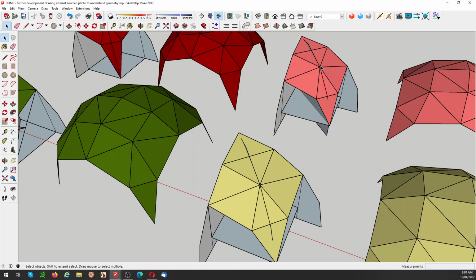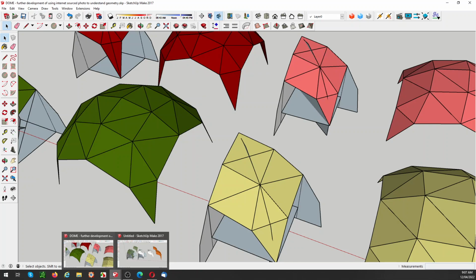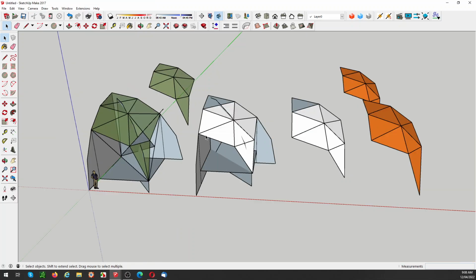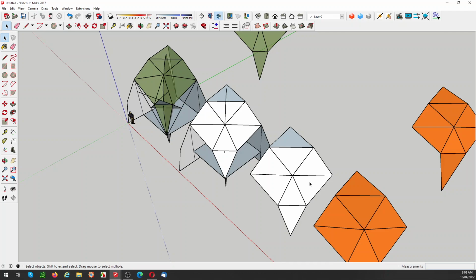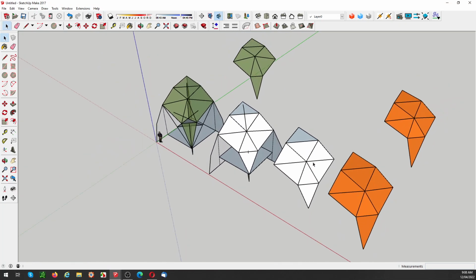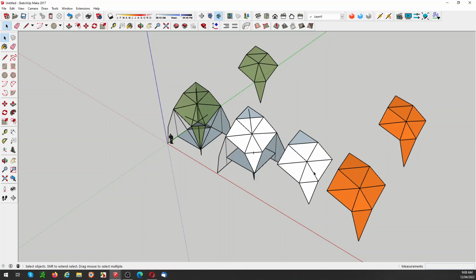So I decided to try and shift this point so it's equidistant between these two lines here, these two struts. So I did that, and that again caused problems. While it starts to look a little bit more symmetrical, it doesn't really achieve the end result that I was wanting.